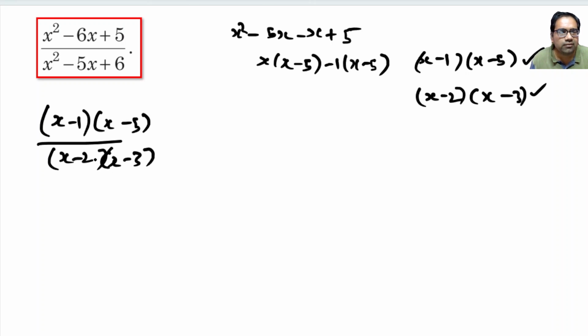Okay. First, simply to decide when this is positive and when it is negative, let us use the familiar sign notation. We have four numbers here: 1, 2, 3, 5.